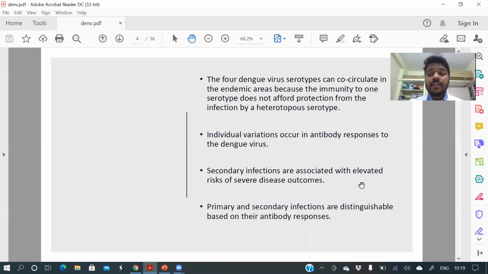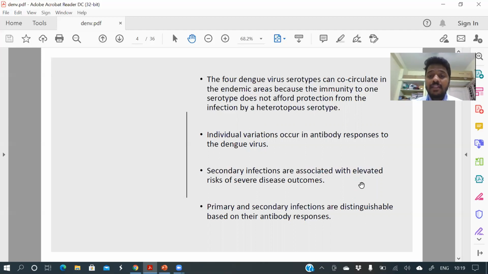So the problem is that immunity to the other 3 serotypes won't get developed. That's the reason these 4 dengue virus serotypes can co-circulate in endemic areas, because immunity to one serotype does not afford protection from infection by a heterotypic serotype.